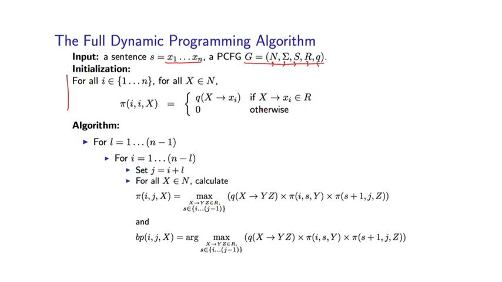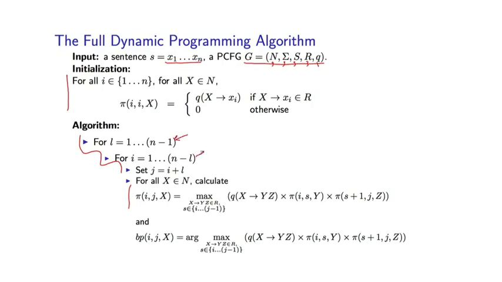In the main loop of the algorithm, we implement the recursive definition I just showed you. And the only thing we need to be careful about is to fill in these pi values for smaller segments before we get to larger segments. And that's what this loop here is doing. So l is essentially going to be the length of the segment that we're filling in.